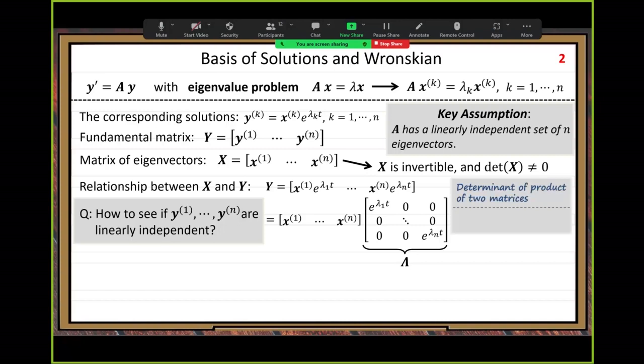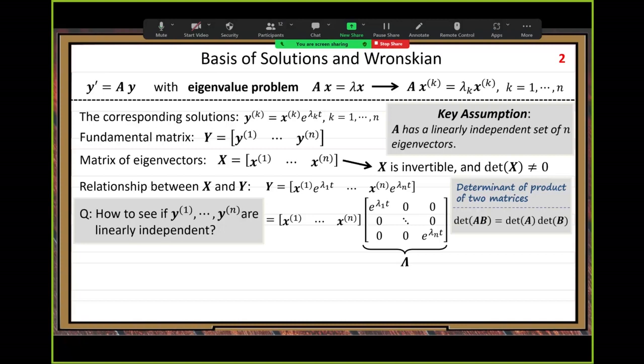So now, the determinant of a product of two matrices. Now we want to calculate the determinant of Y, where Y equals X times lambda. How to calculate the determinant of a product of two matrices? Here, I give you a property.